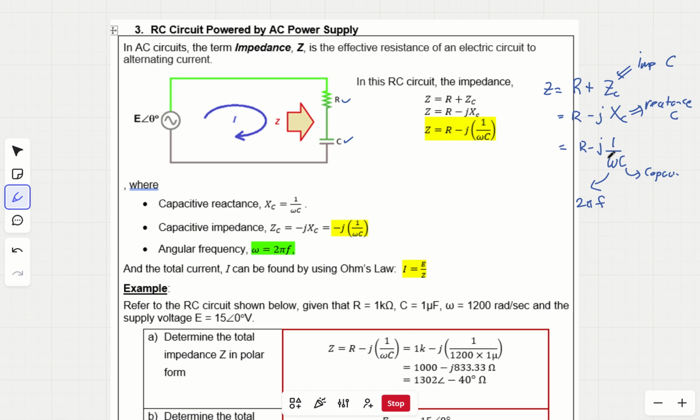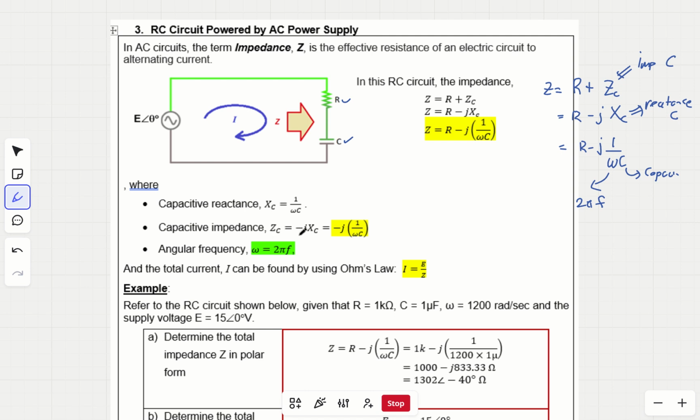So in your question, sometimes the value of omega is given, then you can just use it straight. If not, if the frequency is given, then we have to multiply by 2 pi to get the omega. So that's all explained here. XC is the capacitive reactance.